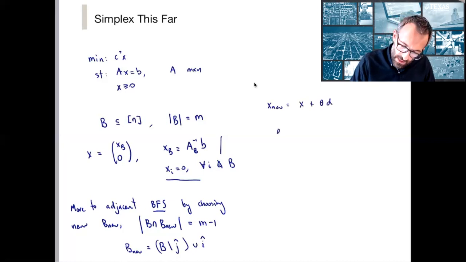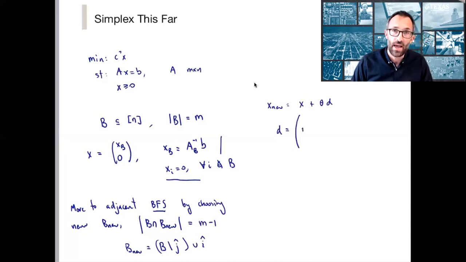And what do we know about d? Well, d has to have a 1 in the i hat location. It has to be 0 in all locations that are not i hat and not in the old B. And for now we don't know what d_B is.